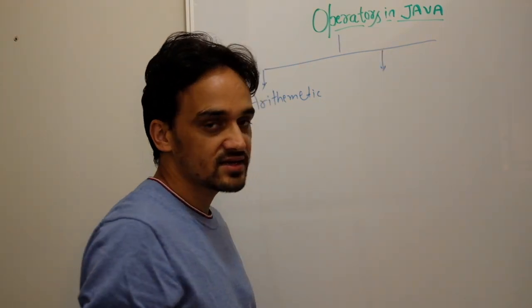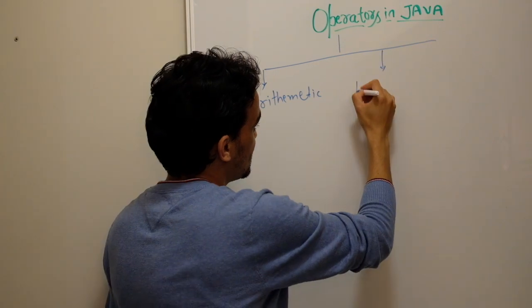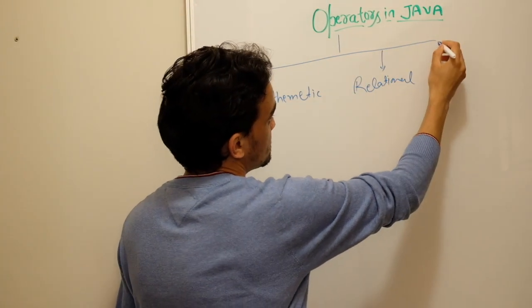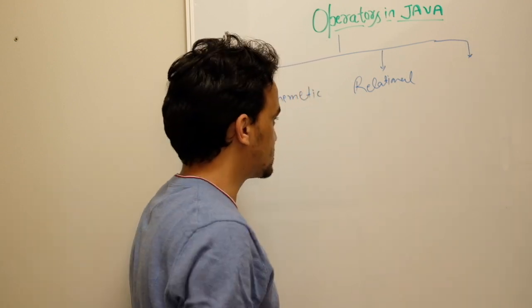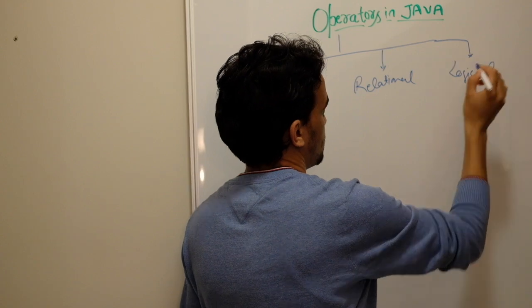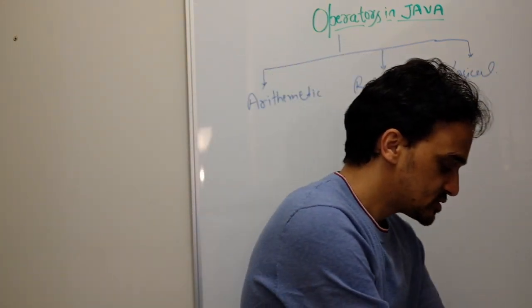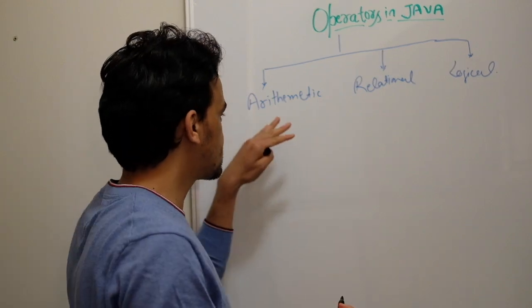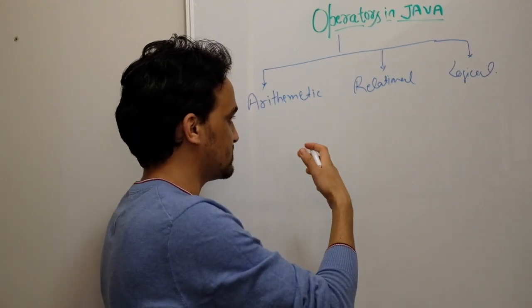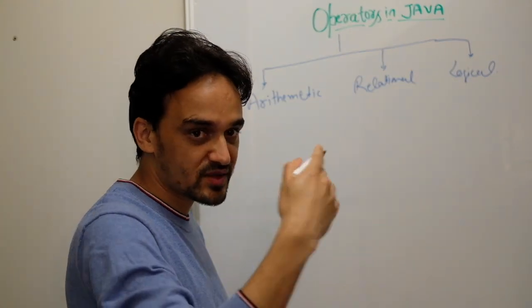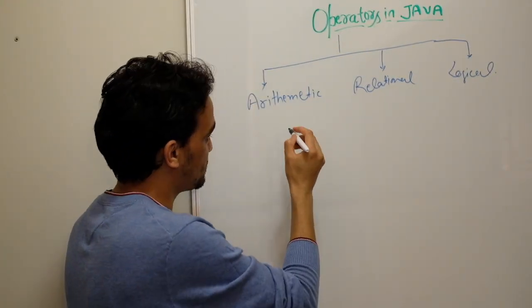The second category is relational operator, and the third one is logical. Okay, so I'm going to start with arithmetic operators. This is the most important, and we'll have more focus on it right now.